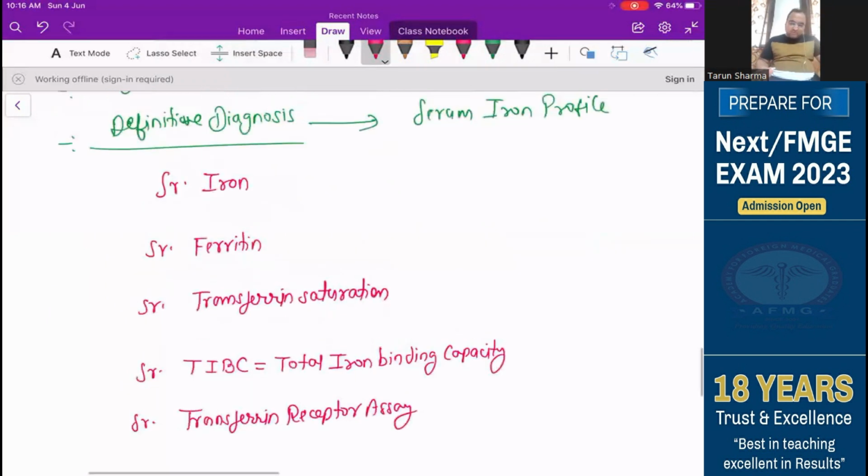So these are the important tests that you are going to offer to any case where you suspect that it can be a case of iron deficiency anemia or a microcytic picture is there.